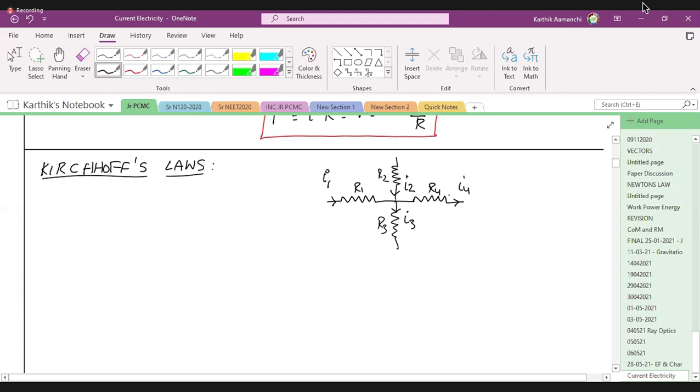Now, instead of doing all that, what Kirchhoff said is, leave all that. Whenever you see a junction, please understand that the algebraic sum of currents entering the junction will be equal to the currents leaving the junction. So Kirchhoff's first law is called your junction law.